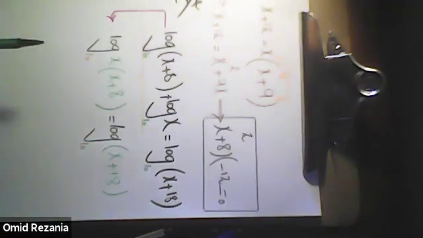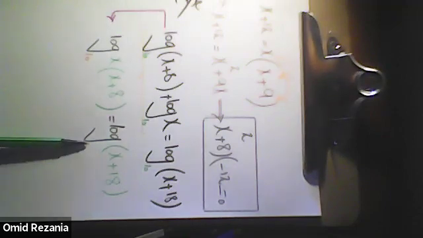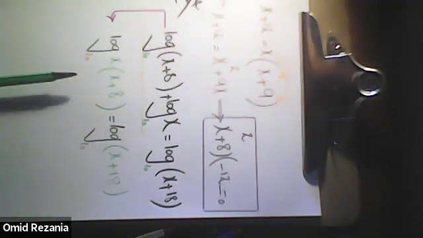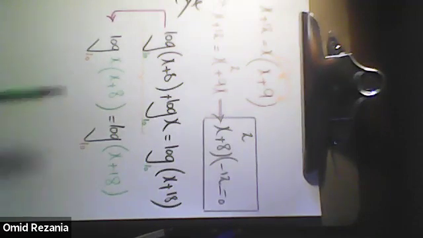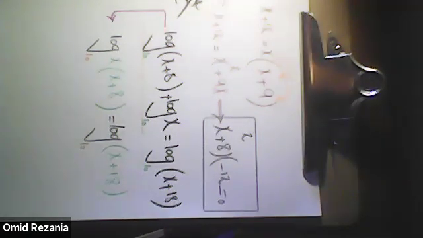Guys, from this stage, you have two methods. Either you take this log on the right to the left and use property number 6, or you can use that theorem which we talked about.